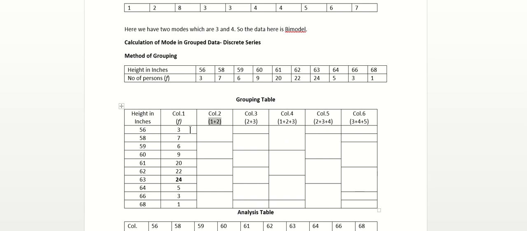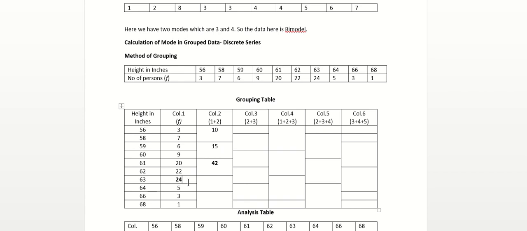For example, here 3 plus 7 is 10. For the second one, I will add this 6 and 9, so this will become 15. Then for the third one, I will add the next two, 20 plus 22, so I got 42.